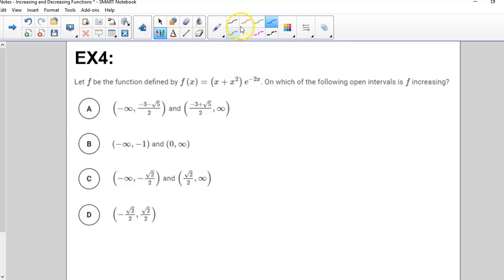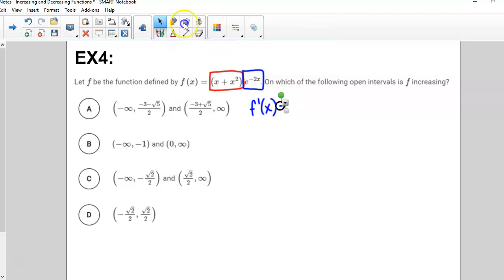Oh, we've got a lot of stuff here. This right here, I've got this stuff times this stuff. So what do I have to use to take the derivative? Product rule. And within that product rule, we'll have a little bit of a chain rule there. So using the product rule, Liliana, how would we take the derivative of this?